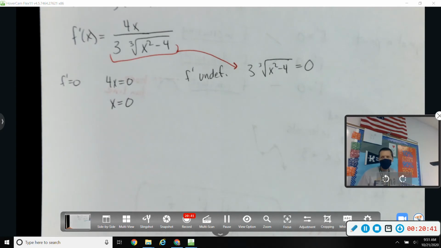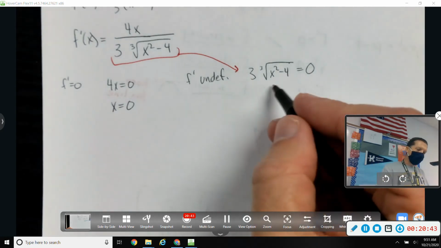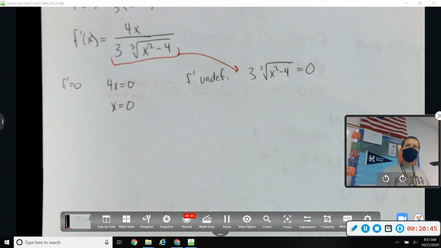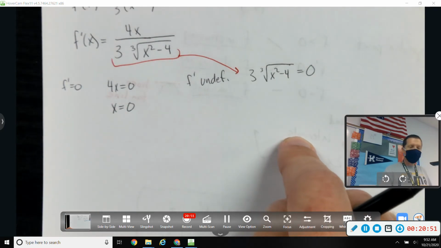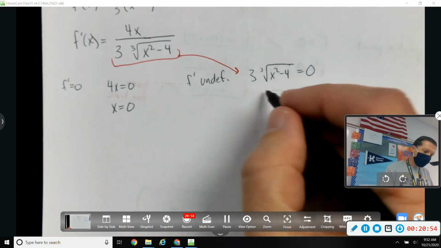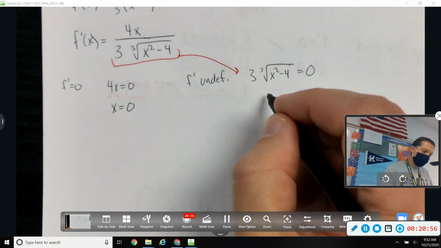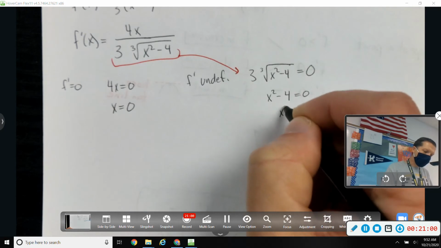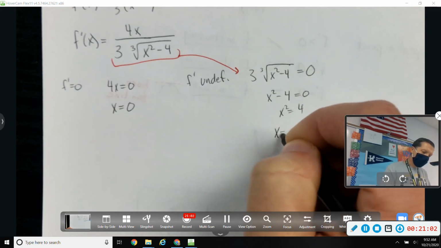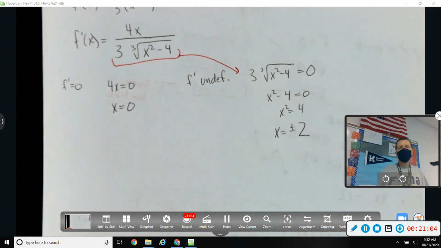And you can do either one. Does anybody know by looking what values of x would make this thing 0? Plus or minus 2. If you can look at that and jump to plus or minus 2, that's fine. If you need to do a little bit more work and say, well, let's divide by 3, and then cube both sides, and then move the 4 over, and then square root. But yeah, plus or minus 2.